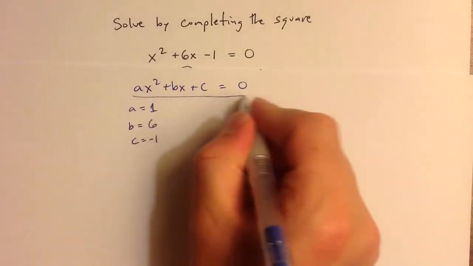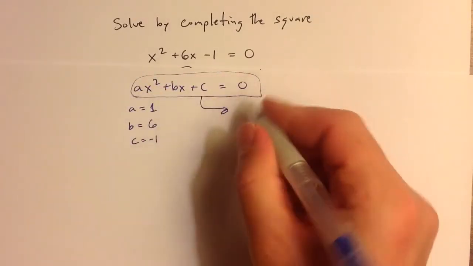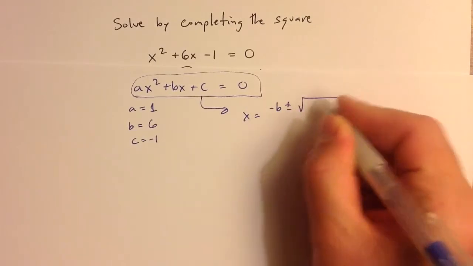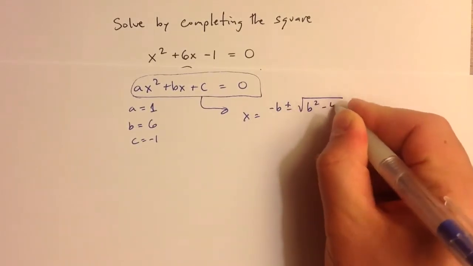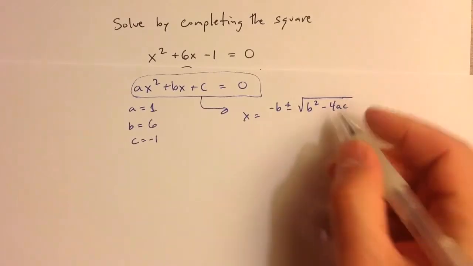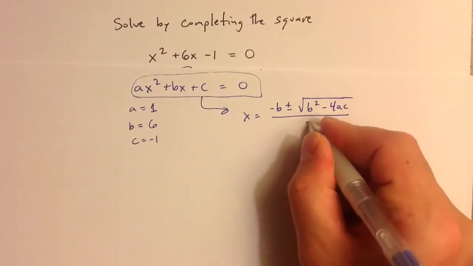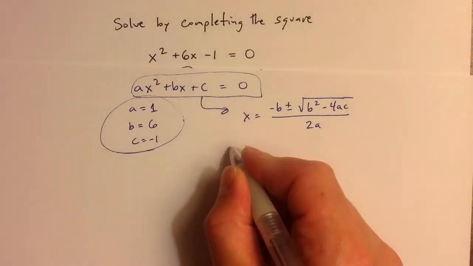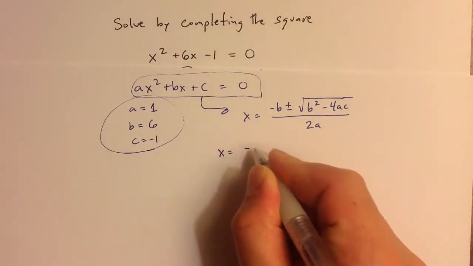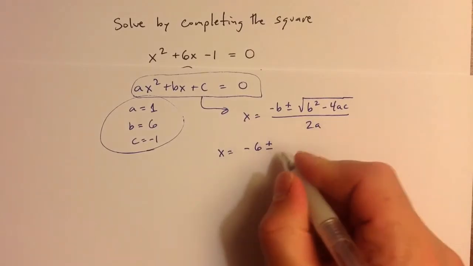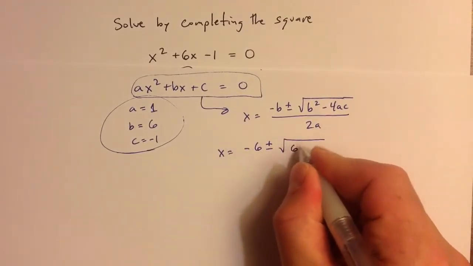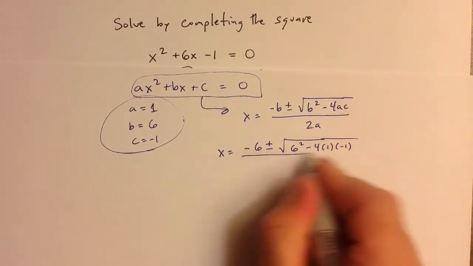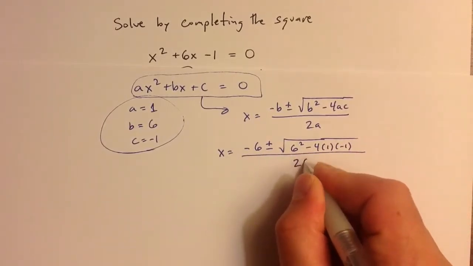The quadratic formula says that the solution to this equation is x equals negative b plus or minus the square root of b squared minus 4ac, everything divided by 2a. So plugging in the values that we found, we get x equals negative 6 plus or minus the square root of 6 squared minus 4 times 1 times negative 1, everything divided by 2 times 1.